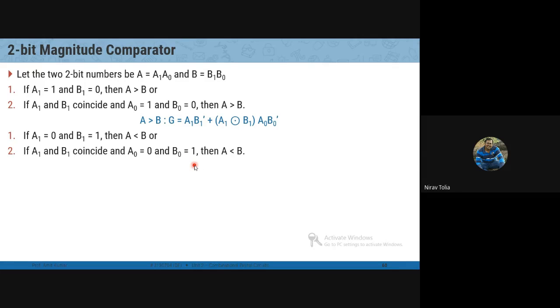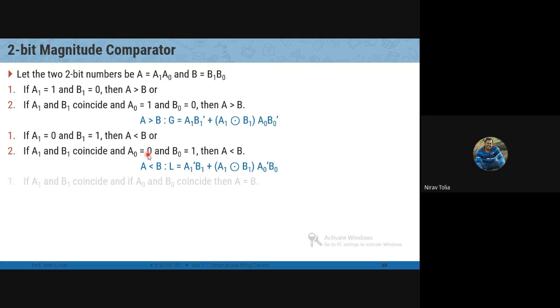Then I can say my A is less than B. So again we have to derive the equation for A less than B. The first condition is A1 0, B1 1, so A1 bar B1, or you can say A1 dash B1, OR means we have to add the plus sign. And A1 coincides with B1, coincide is indicated by the exclusive NOR gate. And the second thing is A0 0, B0 1, so A0 bar B0, or you can say A0 dash B0.